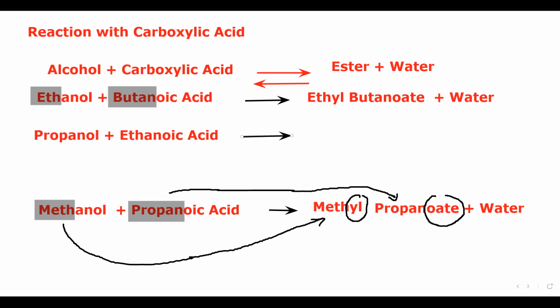The first part of the name is coming from alcohol, prop, and the second part is coming from acid. So what will be the name of the ester formed when they react with each other? The result will be propyl, prop, and YL we add for alcohol, and ethanoate, plus water will be there as a product.